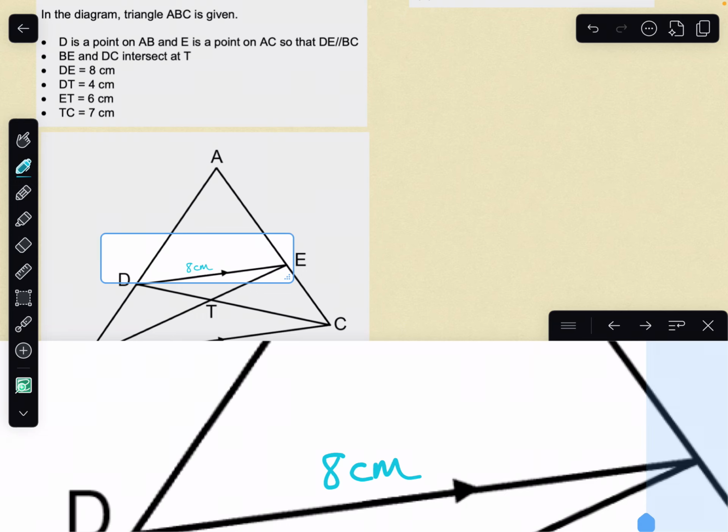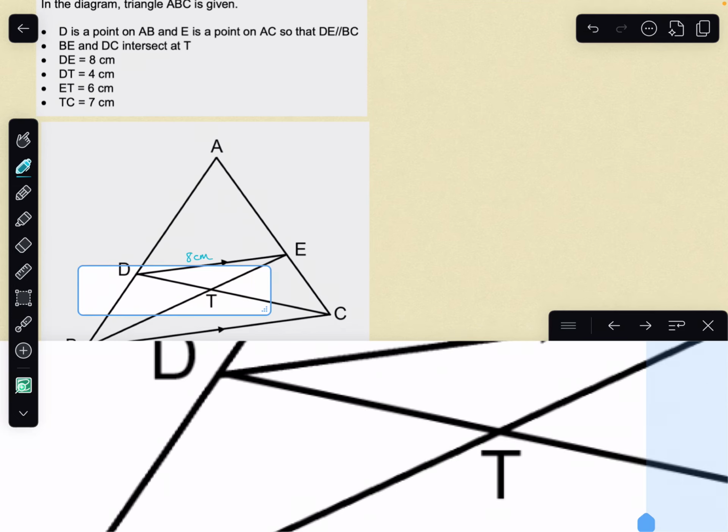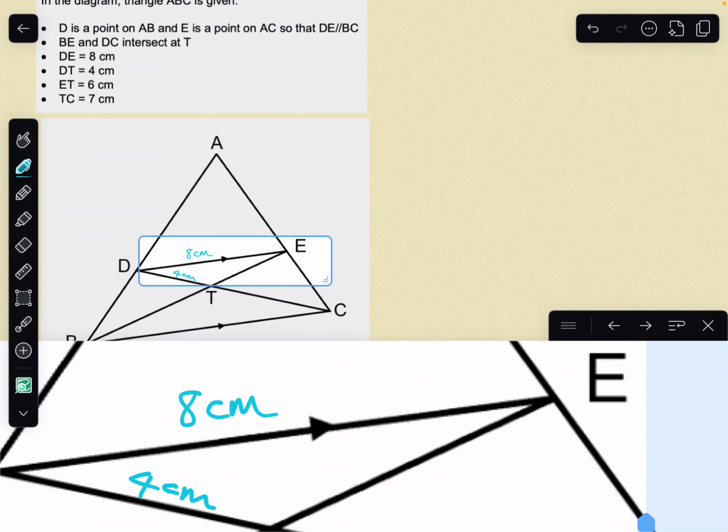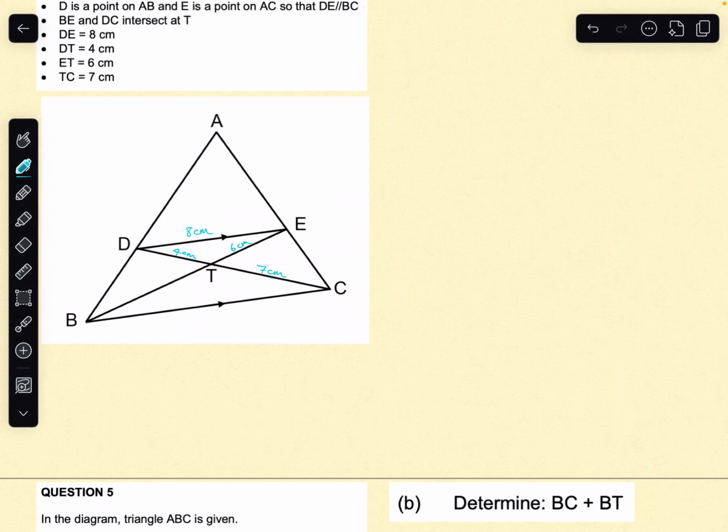And DT is 4 centimeters. ET is 6 centimeters. TC is 7 centimeters.